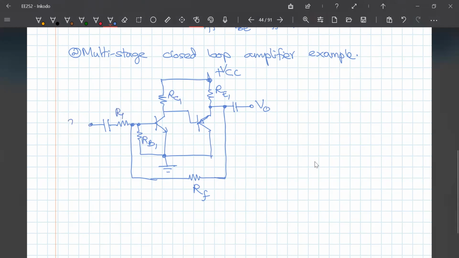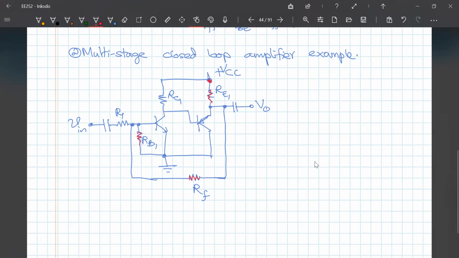Okay, so this is the input. So in this case, what happens is the biasing happens. So this resistor and this resistor along with this resistor will form the biasing circuit, right? So if you open circuit the capacitors, this RE, RF, and RB will be there. So there will be a DC current flowing through this.